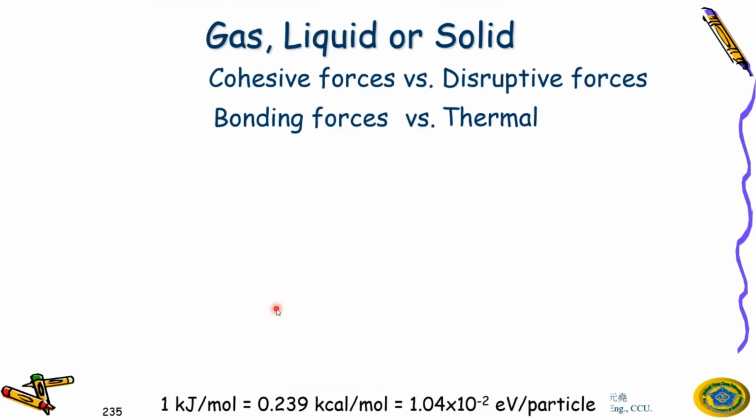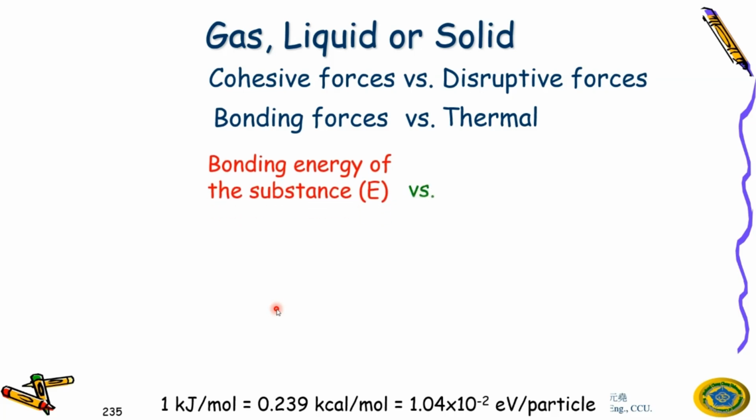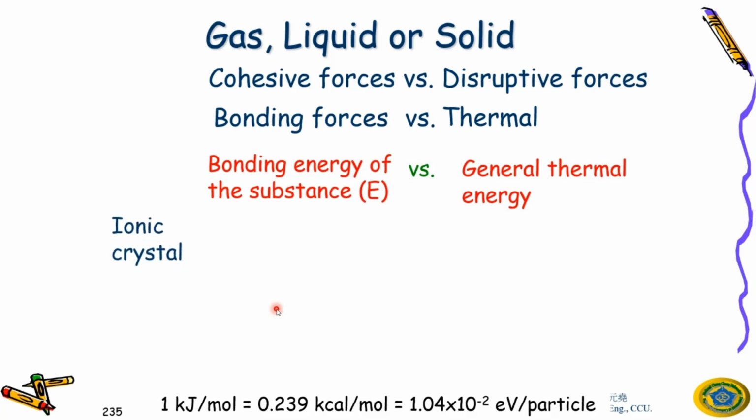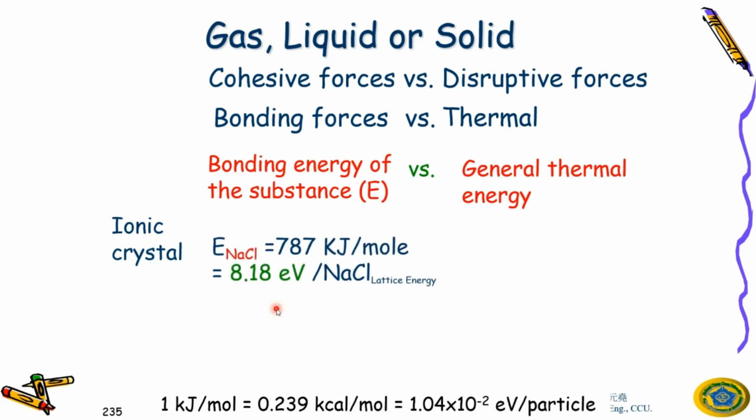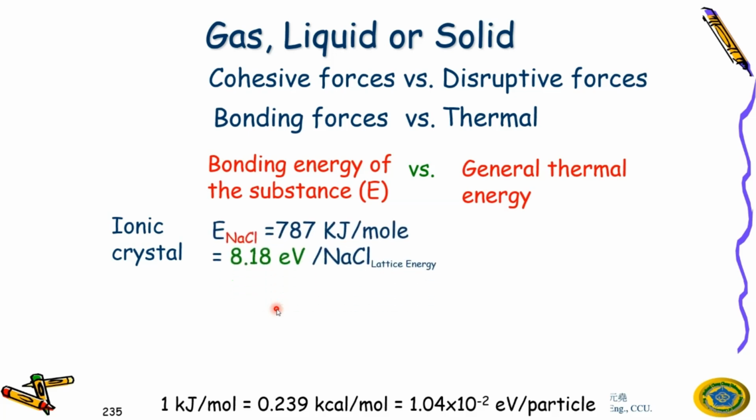Okay, so let's think of the bonding energy of the substance versus the general thermal energy. General thermal energy means the energy surrounding the object. For the ionic crystal sodium chloride, the lattice energy is about 8.18 electron volts.